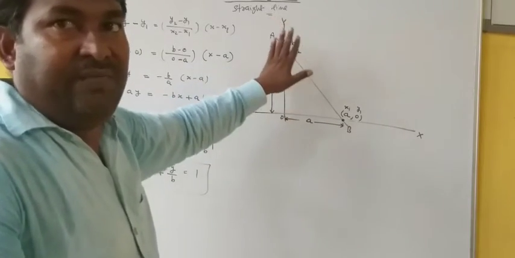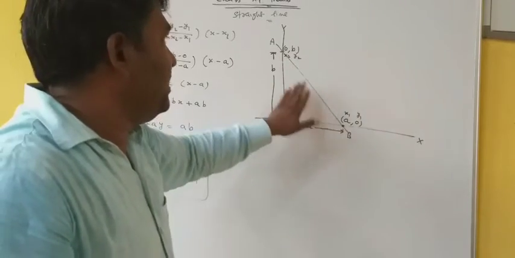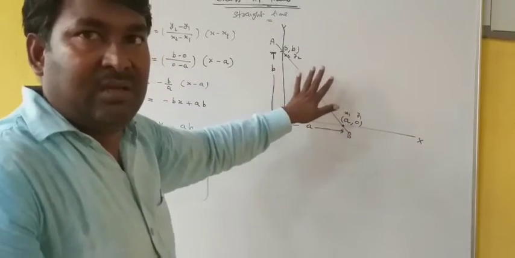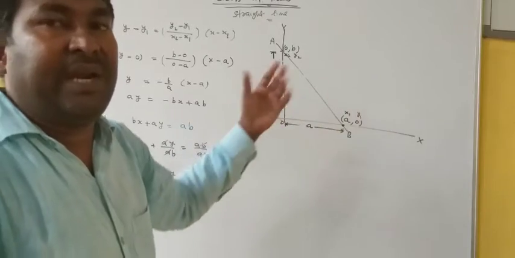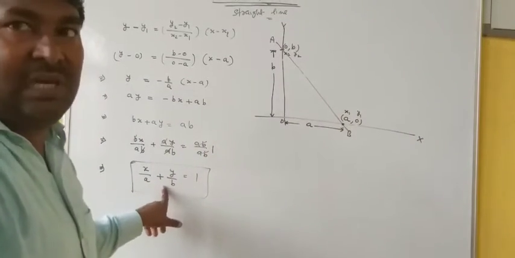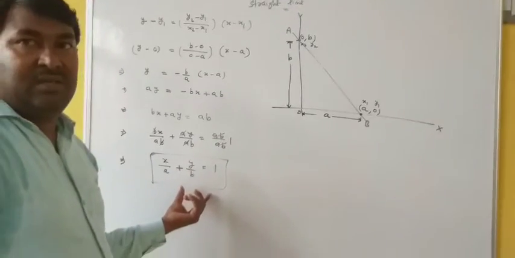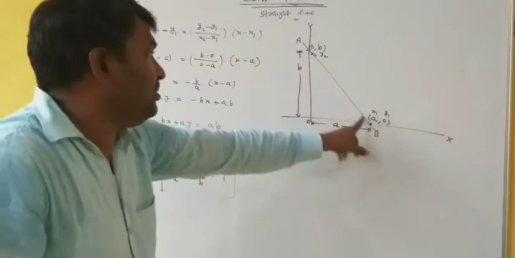That is, if intercepts cut by the line on the x-axis and y-axis are given, then in intercept form we can directly put the values in this equation and find the equation of the required line.